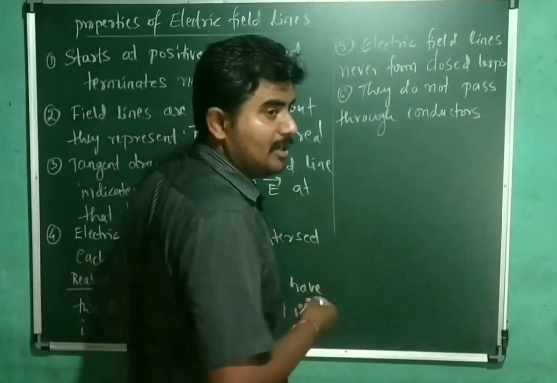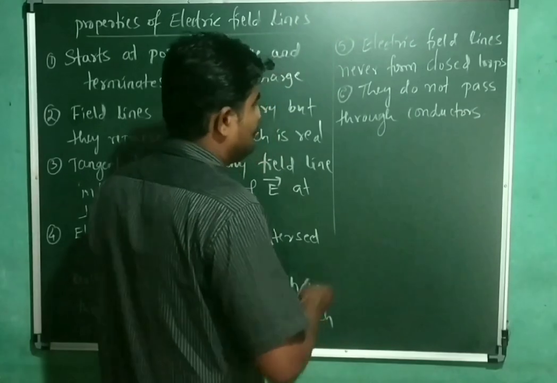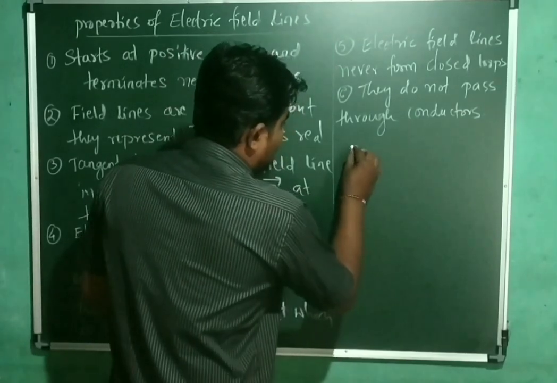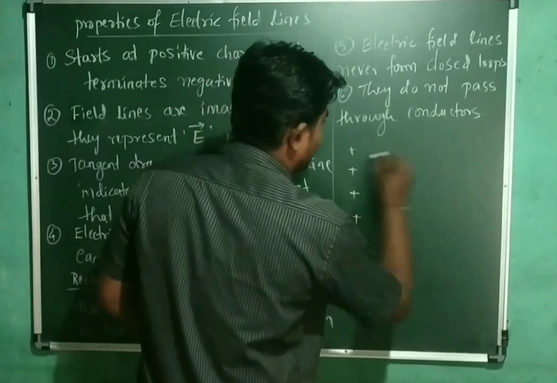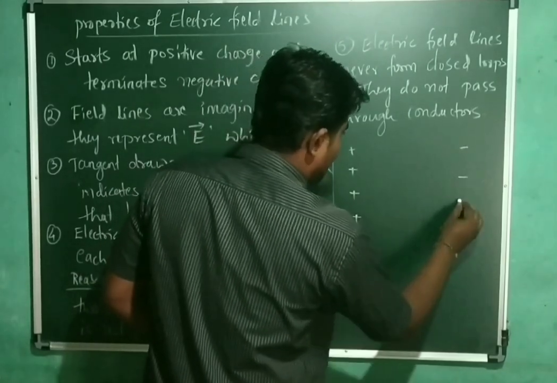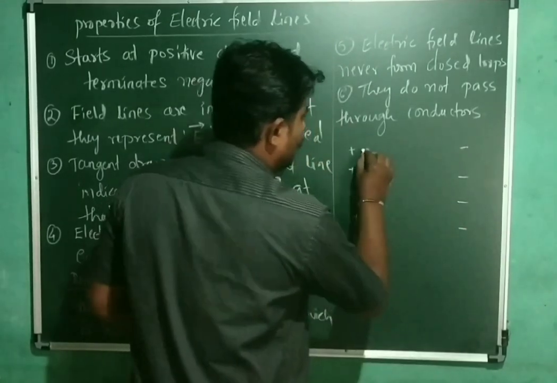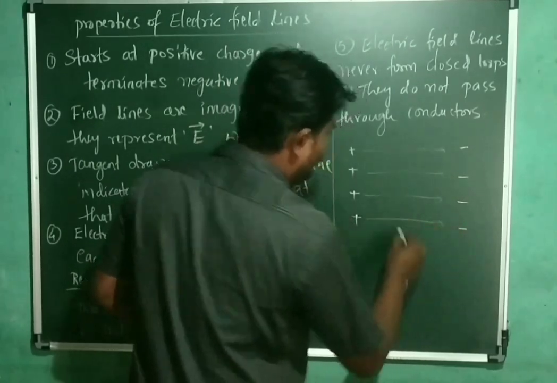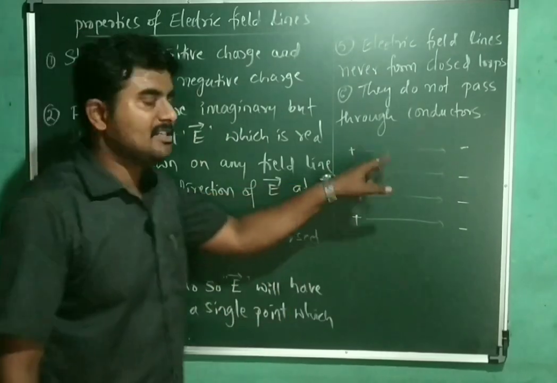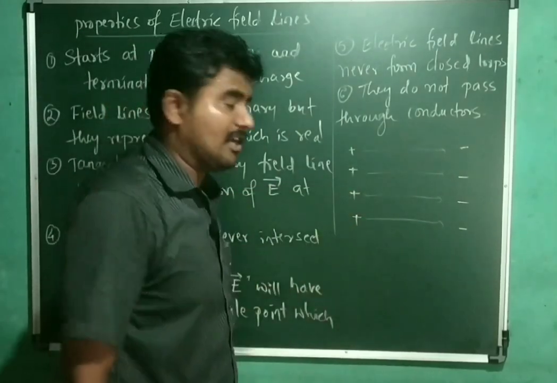Sometimes this will appear in your annual examination also. I consider an external electric field here, with positive charges and negative charges. No need to draw electric field lines here. From positive to negative there will be electric field lines. These are imaginary lines. Physically we cannot see those electric field lines.